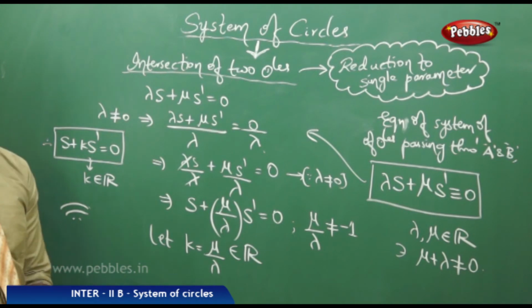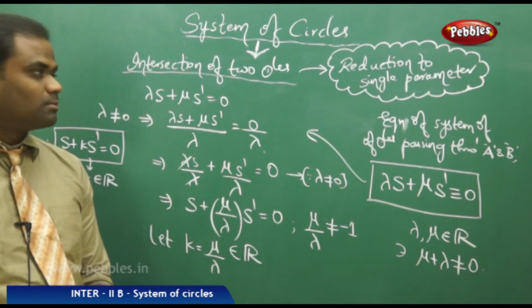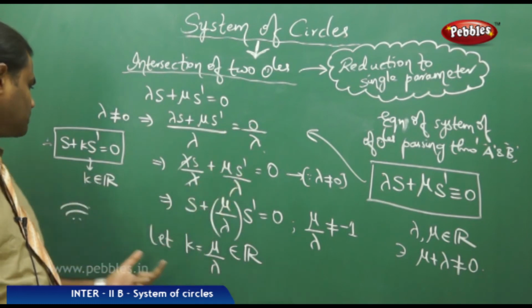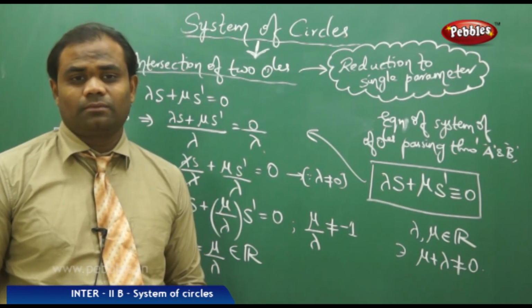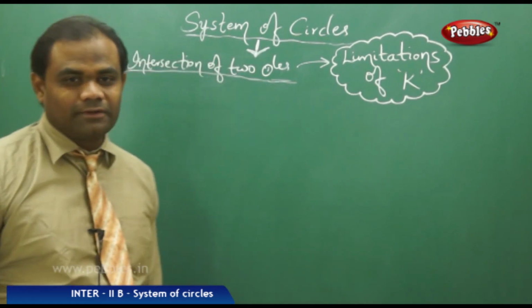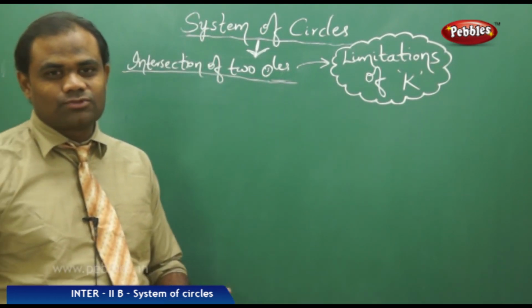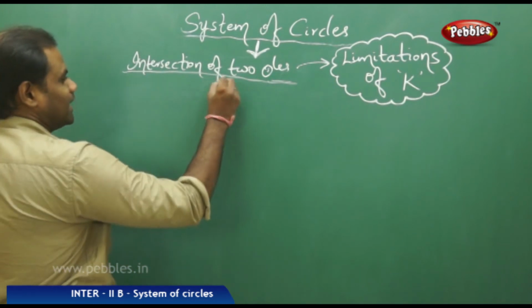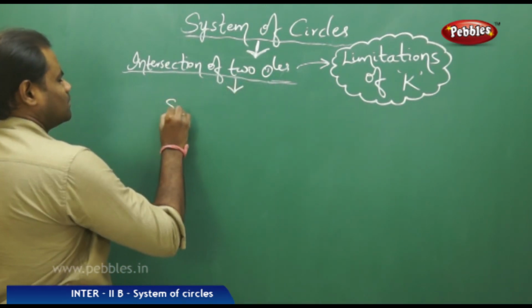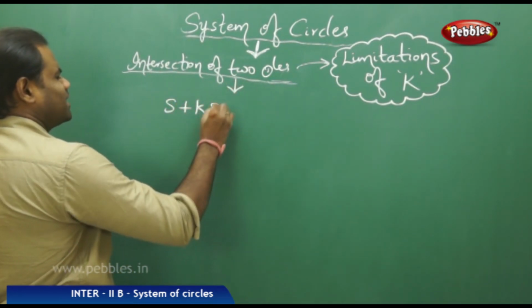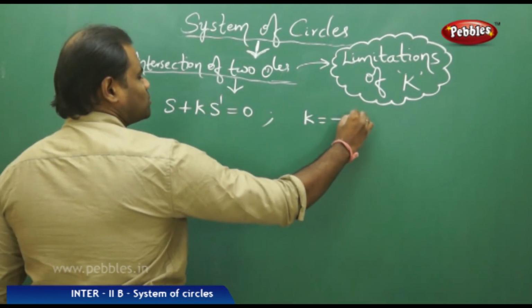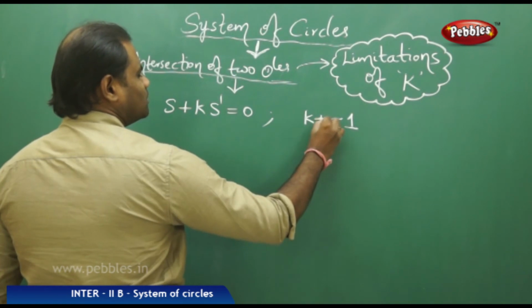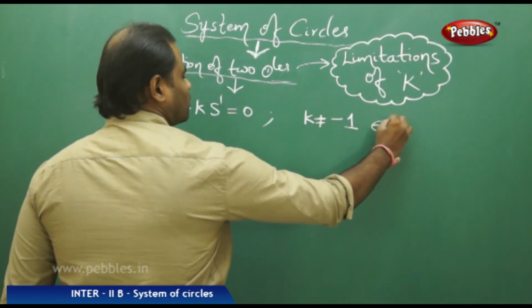In the previous case, we defined the system of circles for two intersecting circles as S plus kS dash equal to 0, with k not equal to minus 1, belonging to R.